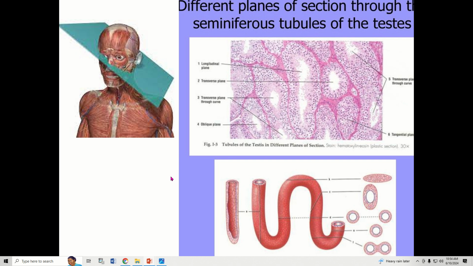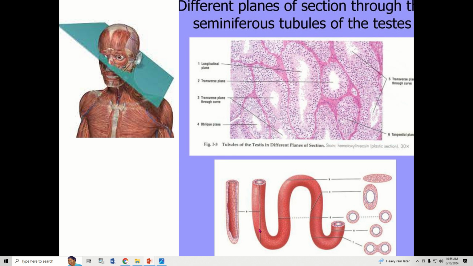To understand these planes, it is also helpful to understand slides of histology. This is a tubular structure, the seminiferous tubule, in a slide of the testis. Within the testis, there is a tube known as the seminiferous tubule. Actually, this tube looks like this. In cross section of the testis, this tube is cut in different planes.